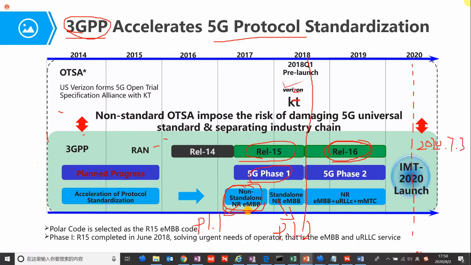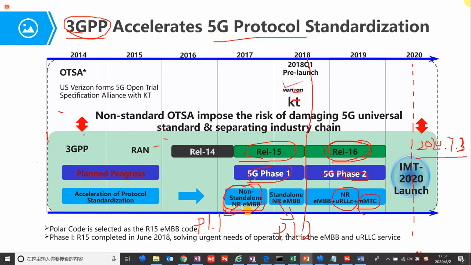On July 3rd, release 16 was frozen. In fact, it was planned for maybe 2019, but because of the pandemic, it was later. This freeze focuses on NR, and release 16 supports eMBB, URLLC, and some mMTC.